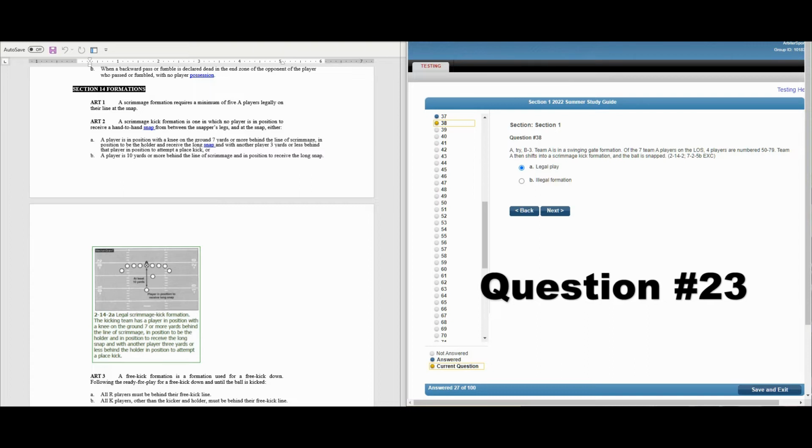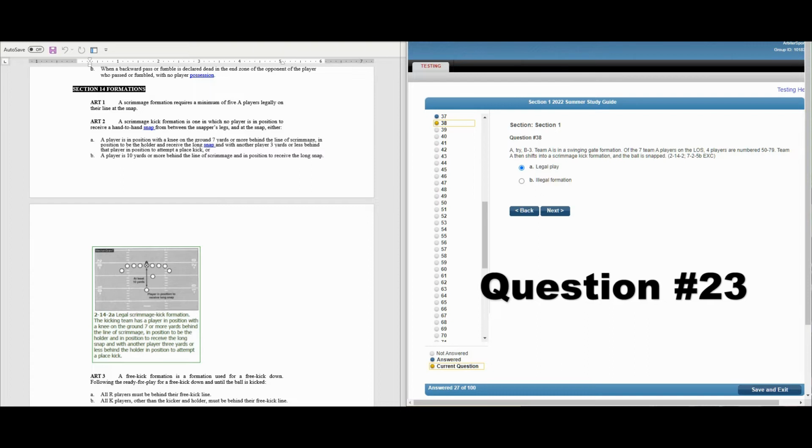Of the 7 players on the line of scrimmage, so we've got 7 on the line of scrimmage including the snapper, 4 are numbered 50 through 79. Team A then shifts into a scrimmage kick formation and the ball is snapped. I don't know why they would do that, but this is probably just to test your rules knowledge.